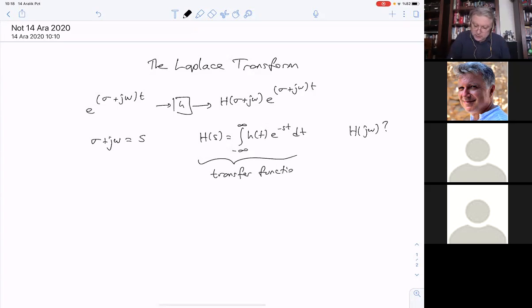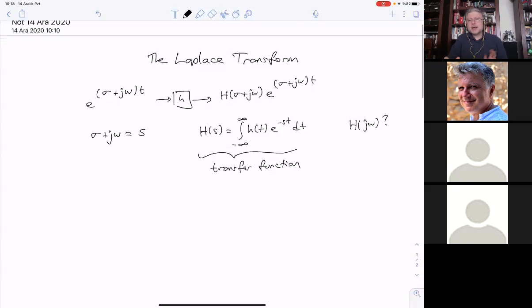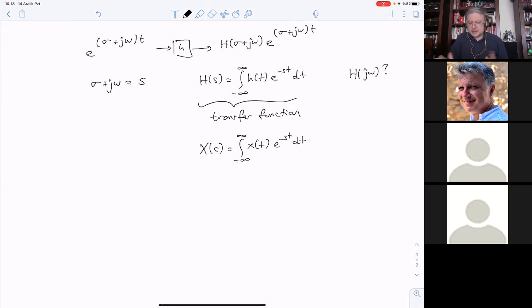X of s is equal to, from minus infinity to infinity, x of t e to the minus st dt. And the Fourier transform is simple. It's just s is equal to j omega, where sigma is equal to 0, which corresponds to the Fourier transform. Okay, as simple as that.